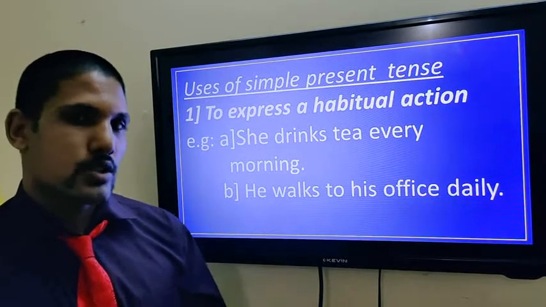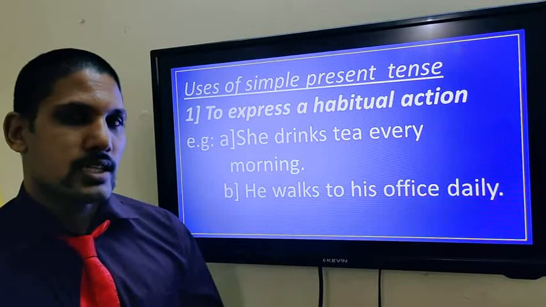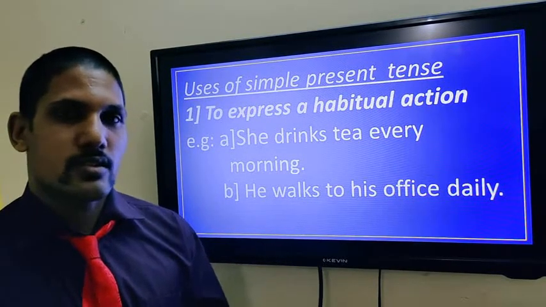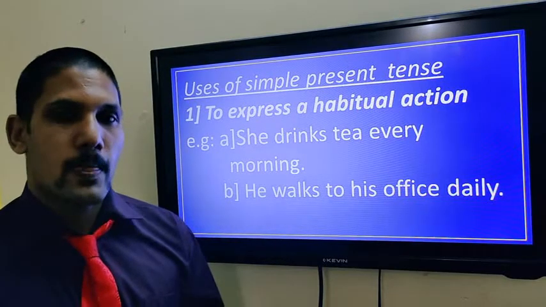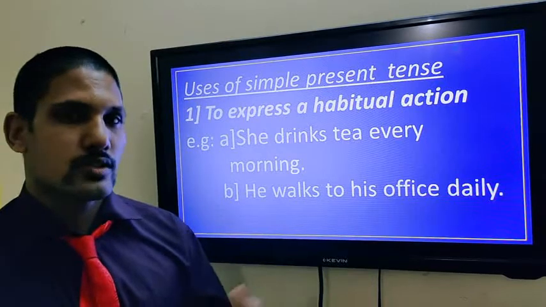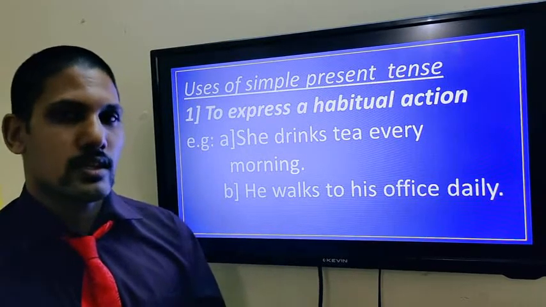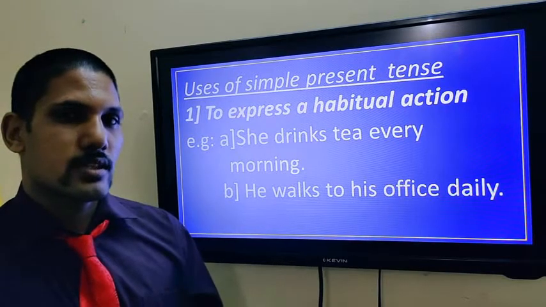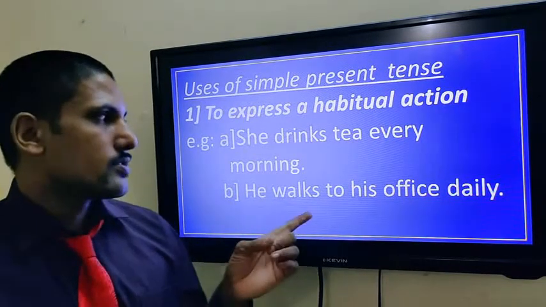We brush our teeth daily. We take a bath daily. We have our breakfast, lunch, dinner. Those who are working in an office, they go to their office daily. Those are our habitual actions. So that we express in simple present tense.